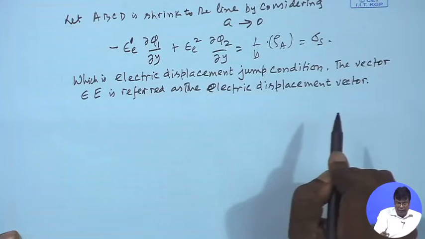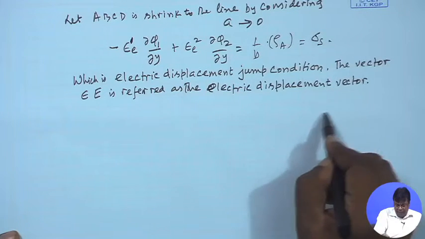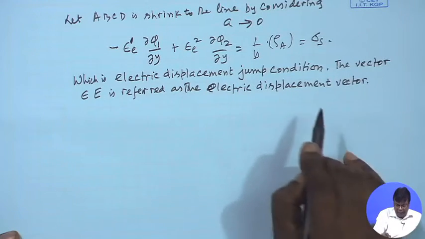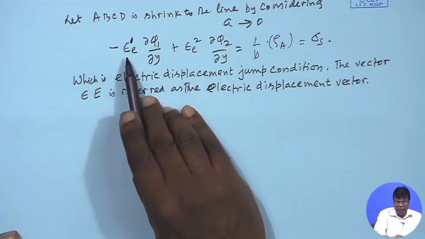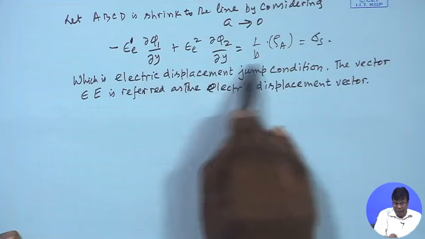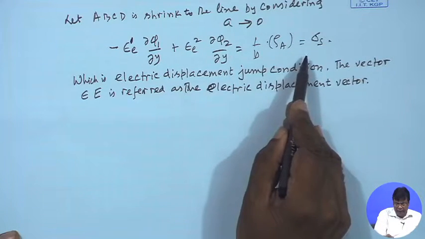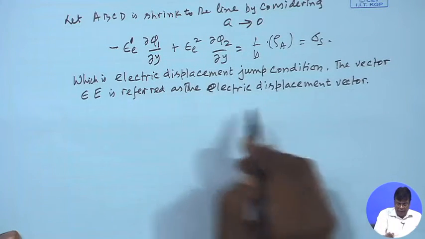So, when you have an interface separating two dielectric media, with permittivities epsilon E1 and epsilon E2, the jump condition is governed in this way.